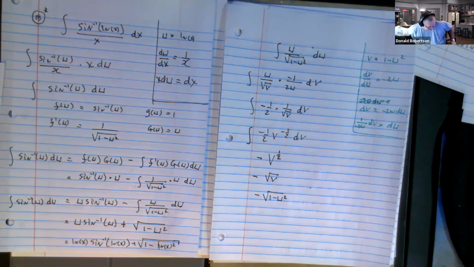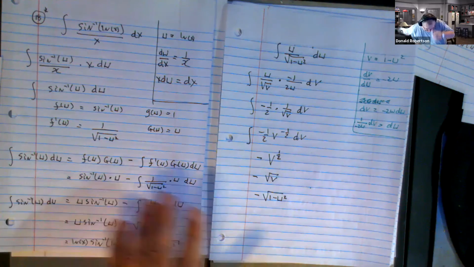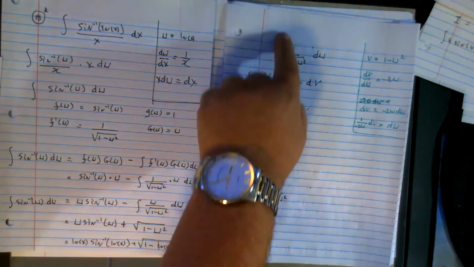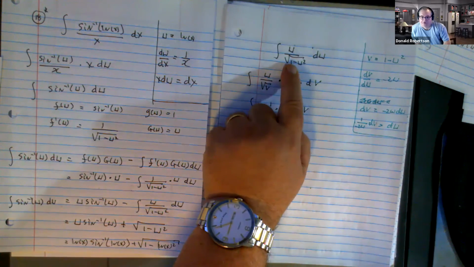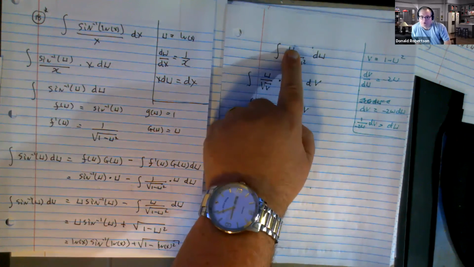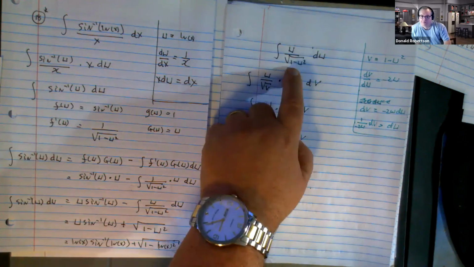Okay, let me see if we can find that. So here is the question, at the top of page 2. So you're suggesting what other approach? How are you going to do this?